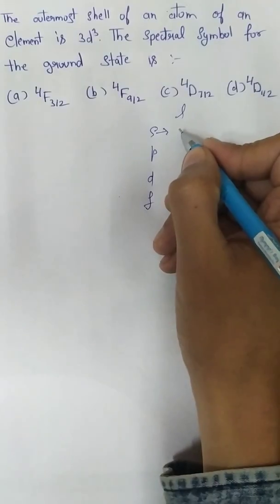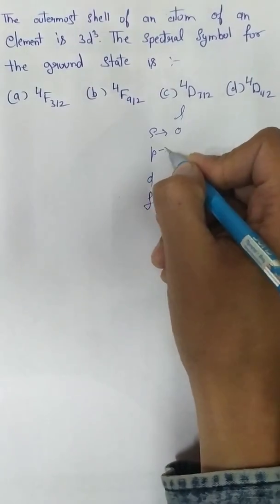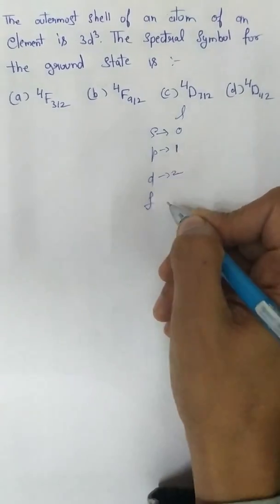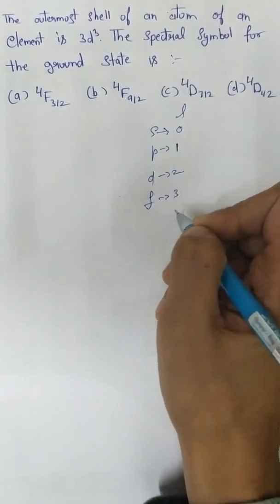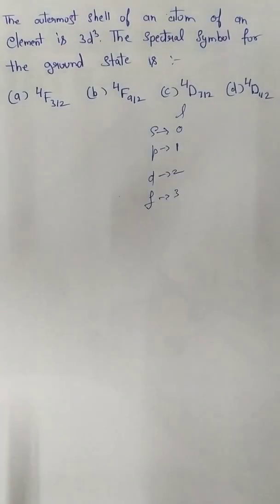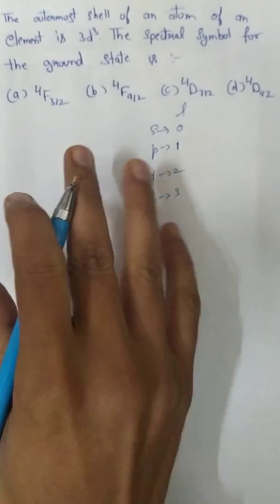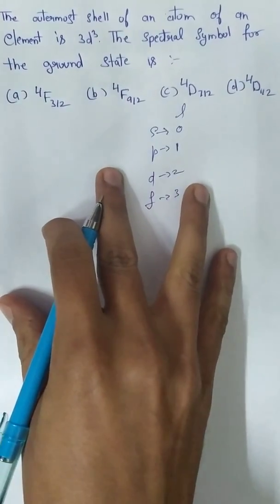So the S subshell has L value 0, P has L value 1, D has 2, and F has L value 3. These are different subshells with different L values.